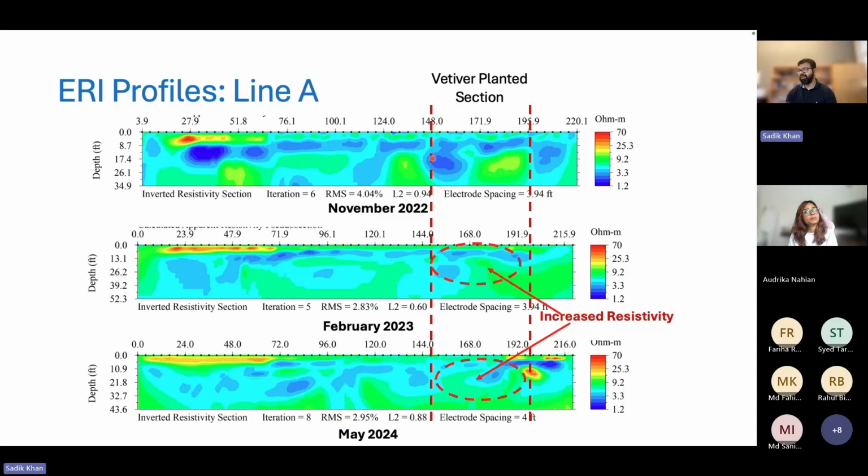But when we planted vetiver in this section, you have to remember that this is a very small section where we planted the vetiver, and the vetiver reduced the moisture content at the bottom, and we have seen a very interesting change. Instead of seeing the changes only on the top, we also have seen that the bottom part of that slope is getting drier.